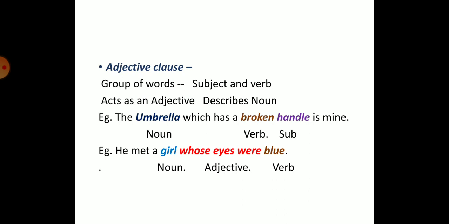For example, the umbrella which has a broken handle is mine. Here, the clause which has a broken handle is an adjective clause. It has a subject and verb of its own and it is describing the noun umbrella.